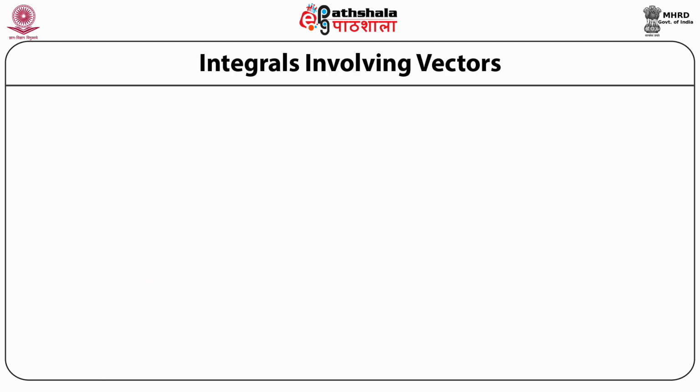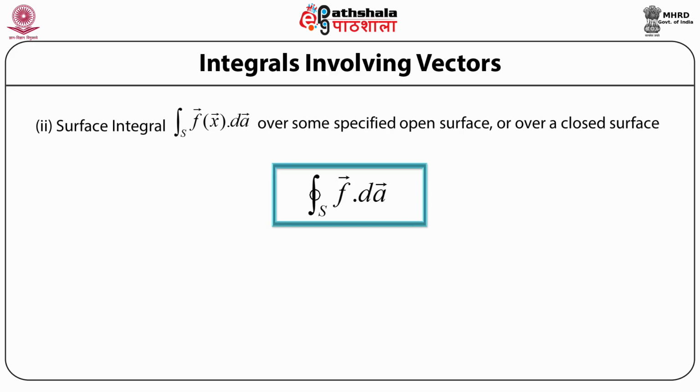Similarly, one can define the surface integral over a surface S for a vector field f as a function of x as the surface integral of f dot dA, where the vector dA is the surface area vector, and this integral is defined over some specified open surface.